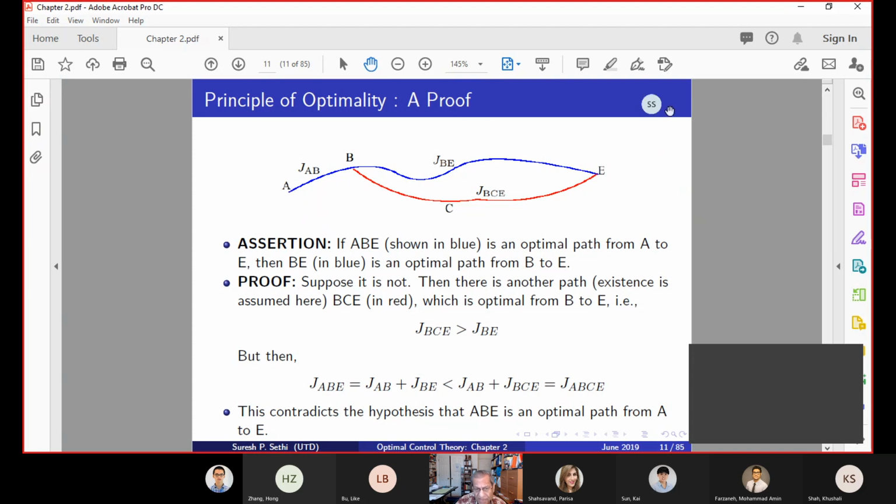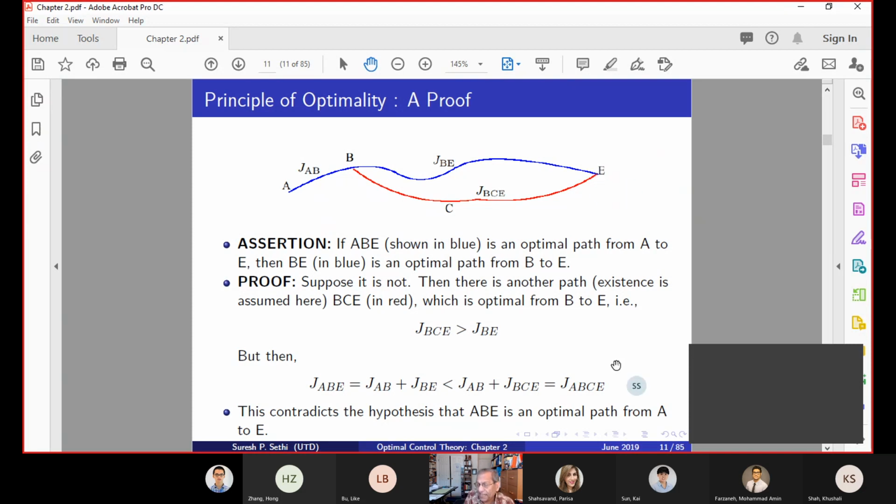Given the optimal control, I can solve the problem up to this time, and I will get the trajectory x(t). I will find the value x(t) here. With this x(t), the principle of optimality says that this remaining policy is optimal for a new problem that begins here and ends here.